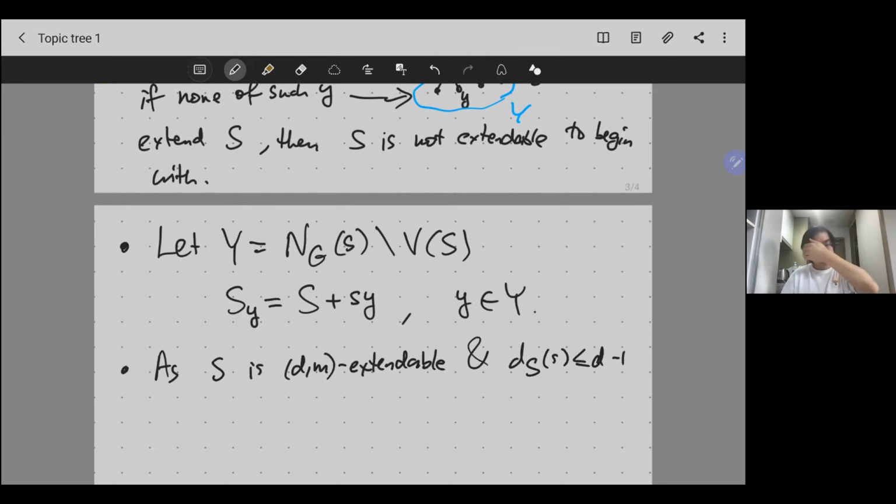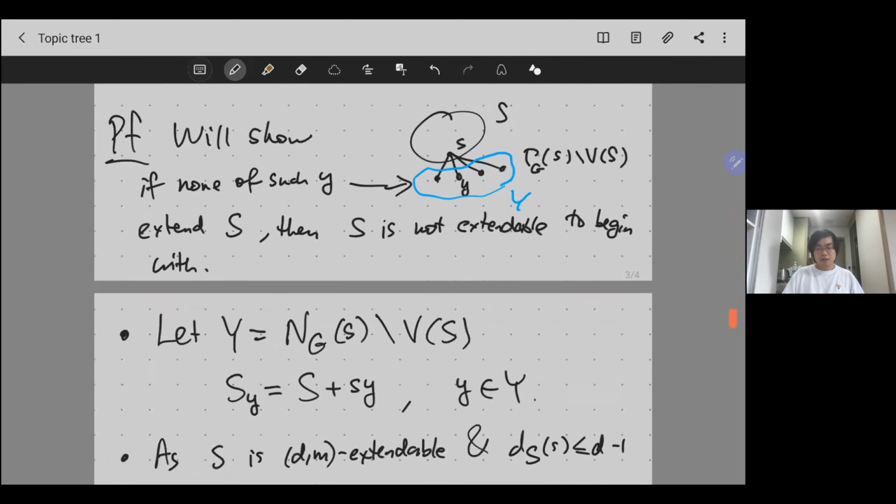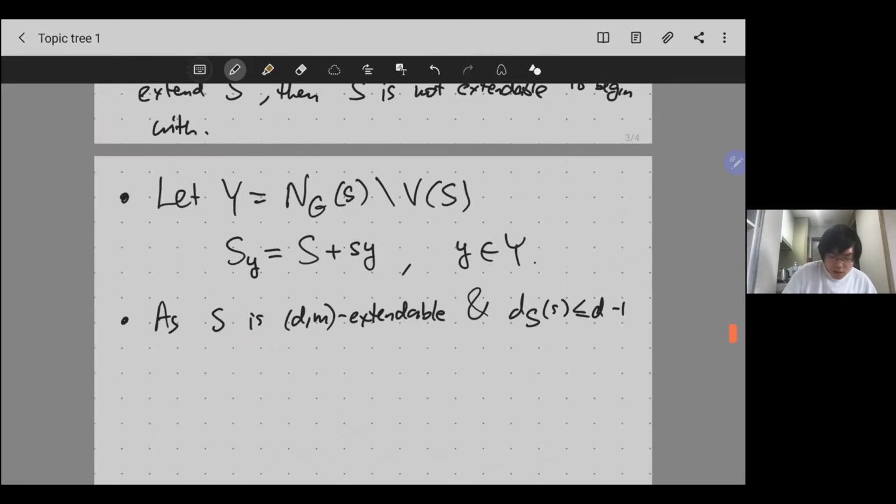So recall, what does it mean that S is extendable? That means every small set has non-negative balance. Let's recall this notation here: the balance is B of X, S, for every small X with respect to S, it has non-negative balance. So we apply that S is good, which means in particular the balance of the singleton set little s, with respect to capital S, is non-negative.